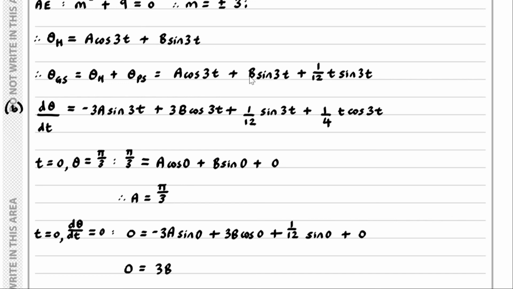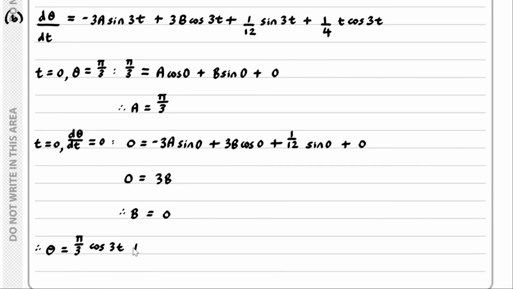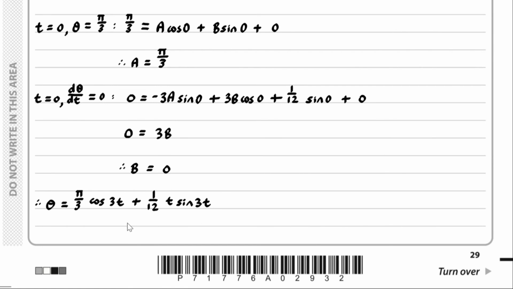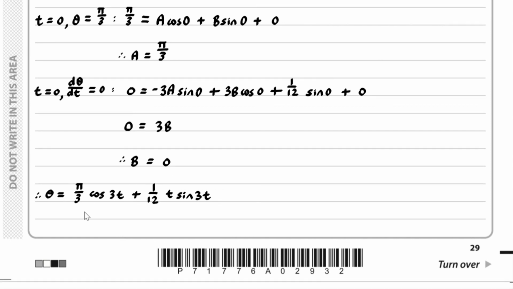Well, because b is 0, this term disappears, and so I add on to this 1/12 t sine 3t. So that is the solution to this differential equation.